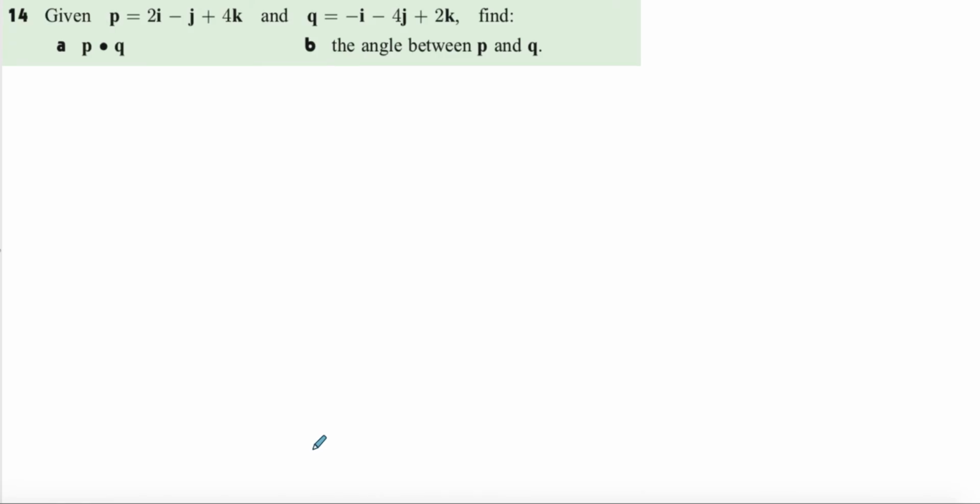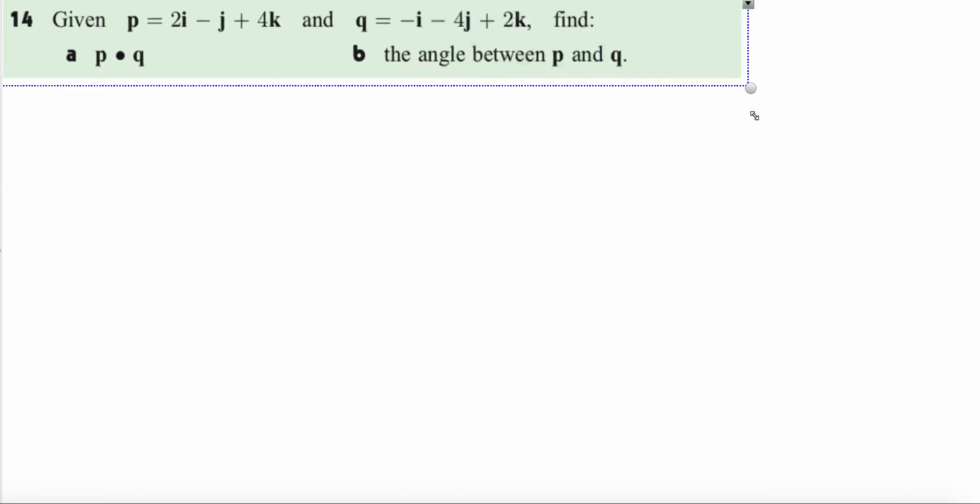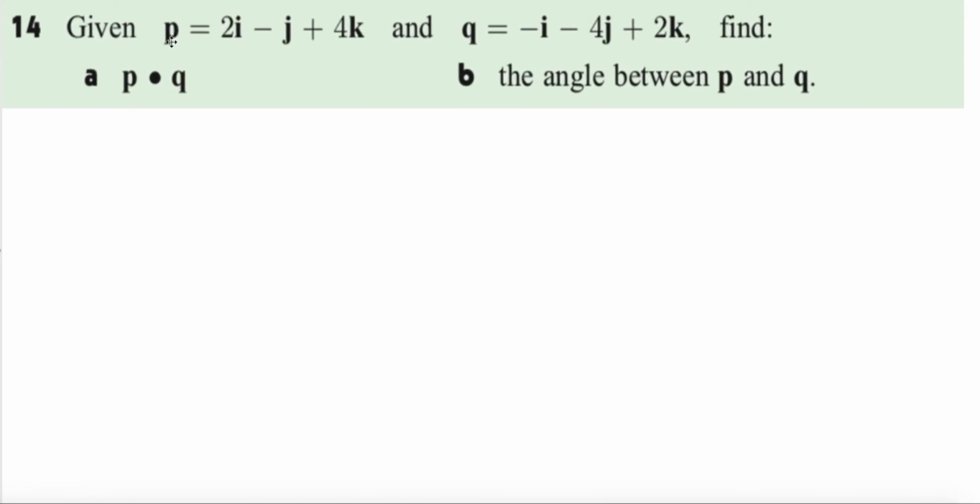All right, let's look at number 14. So here, vector P and then vector Q are given in this manner. So first they want us to do dot. That means I'm just going to multiply 2 times -1, which is -2. -1 times -4, which is plus 4. And 4 times 2 becomes 8.